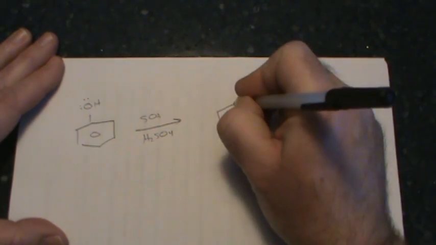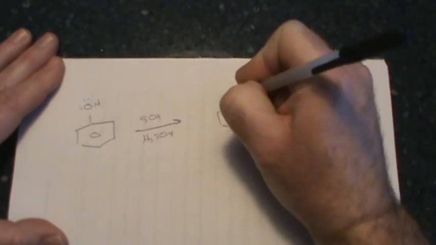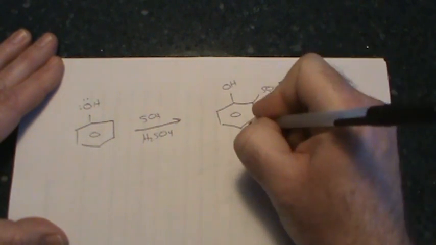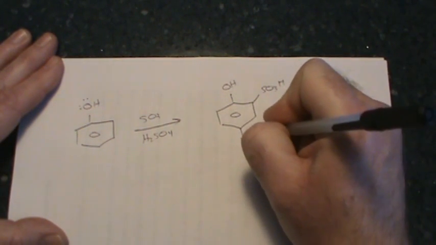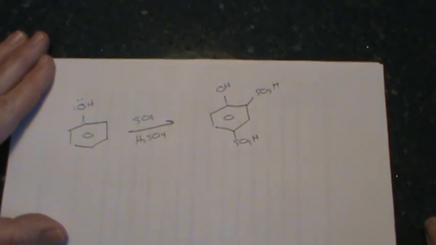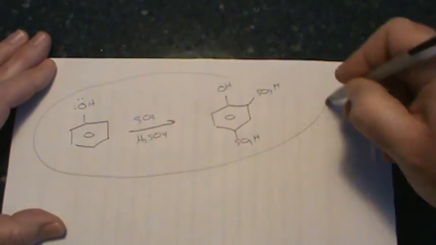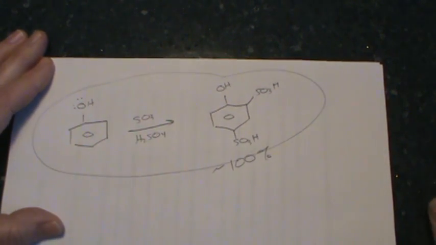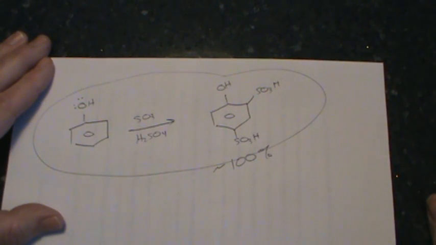It turns out that this phenol compound will form a disulfonic acid in which you have 1 ortho and 1 para sulfonic acid. And this particular reaction is noteworthy because you form this in basically 100% yield. It's a quantitative conversion.